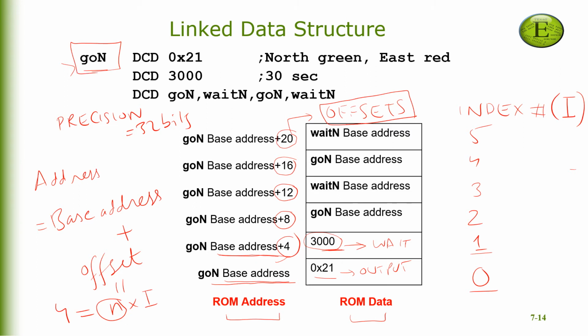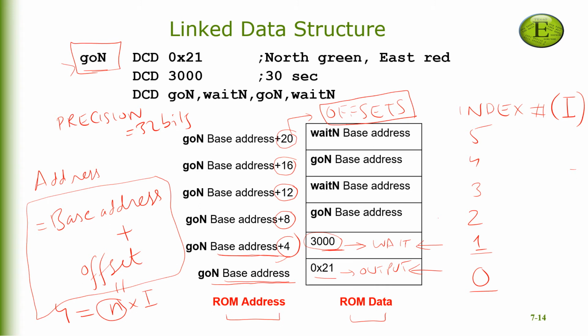Later, we shall use this base plus offset technique to compute the complete address of any element of the GoN when we wish to access the output or the wait time, or where do we go to, or the address of the next state.